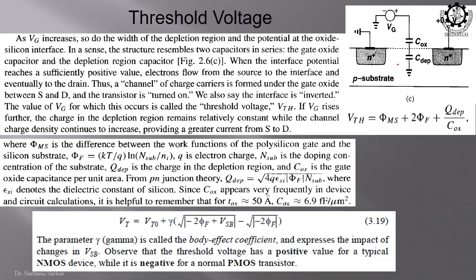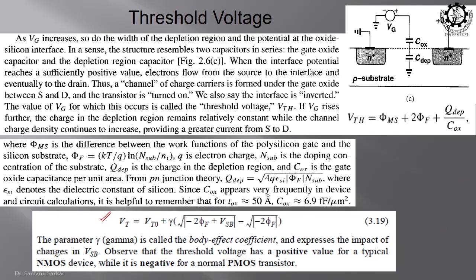So, we have two capacitors in series: one is the oxide capacitance, due to the SiO2 between the gate and channel, and another is the depletion region formed beneath the channel, between the channel and the substrate connections.